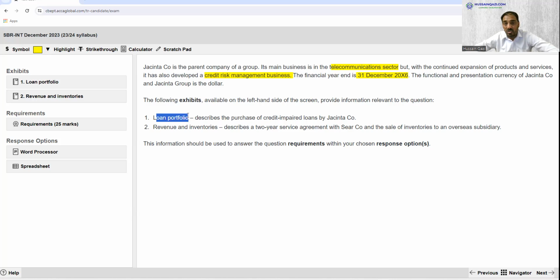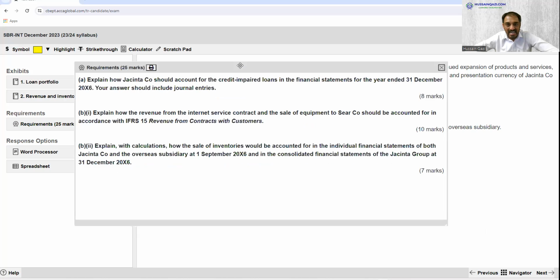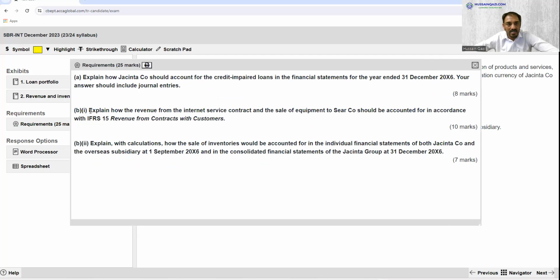The following exhibits available on the left-hand side of the screen provide information relevant to the question. Number 1, loan portfolio, which describes the purchase of credit impaired loans by Jacinta company. Revenues and inventories describe a 2-year service agreement with the sale company, and a sale of inventory to an overseas subsidiary. Okay, so first the main content, then read the requirement.